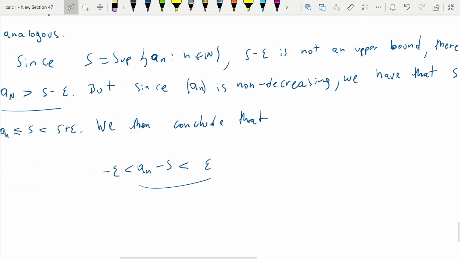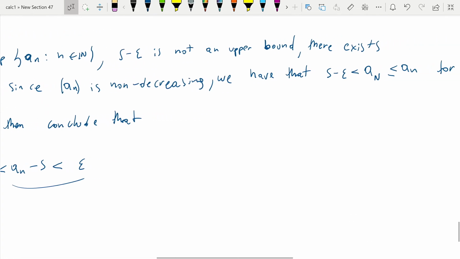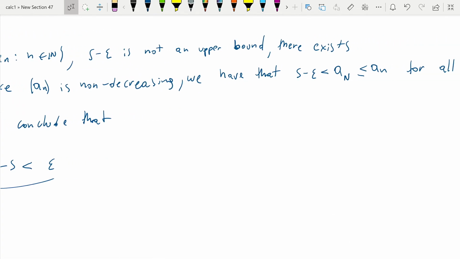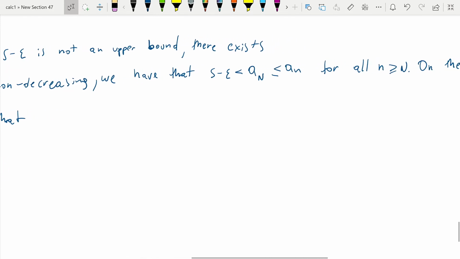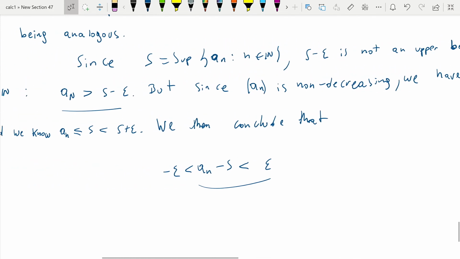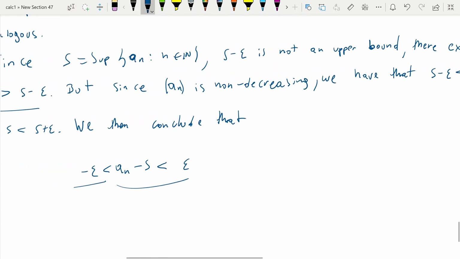So yeah, if we subtract epsilon on both sides, we get this inequality here. Subtracting s on both sides, we get a_n minus s is greater than minus epsilon.